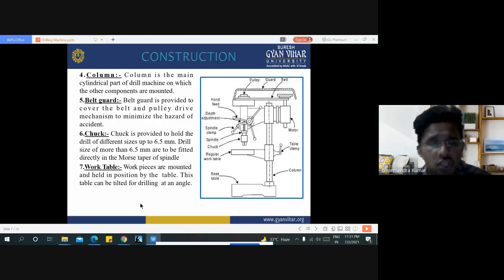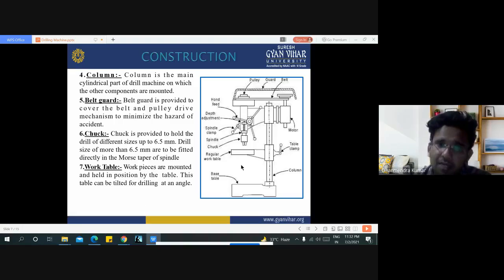Chuck is provided to hold drills of different sizes up to 6.5 mm. Drills of size more than 6.5 mm are to be fitted directly into the Morse taper of the spindle. Work table: workpieces are mounted and held in position by the table.